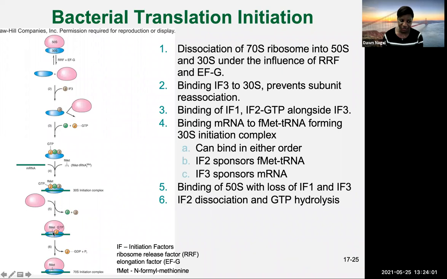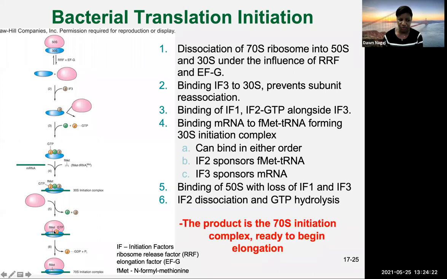This initiation factor 2 will dissociate with the help of GTP hydrolysis. There's also a hypothesis that this IF2 helps to recruit this 50S subunit to this complex, and then it gets released. So once this is finally finished, you have the 70S initiation complex that's ready to elongate.